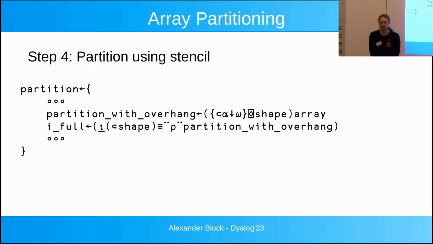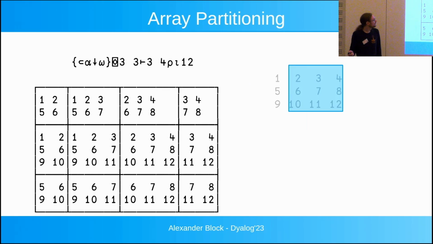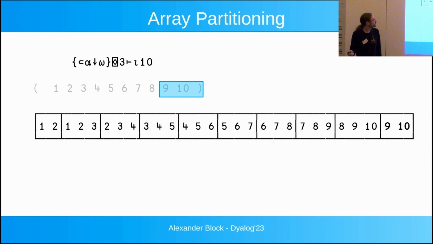Okay, and that's what I do, right? I use it. I take this partition with overhang, there's a long name, by doing exactly what I just showed you in more general, yeah? I mean, I have my shape here, I have my array here, everything is fine. But I have this overhang, which is not right? I mean, if we look at, now this animation is catching up to me.